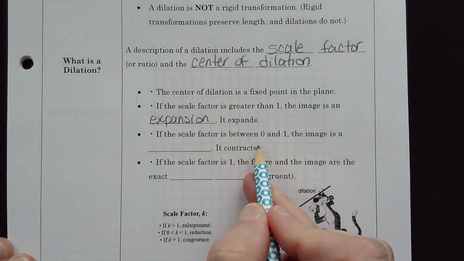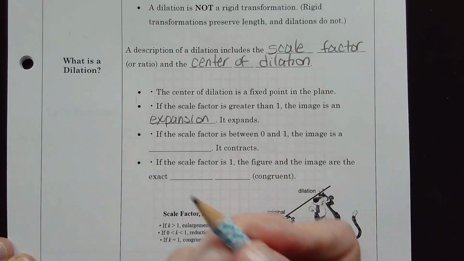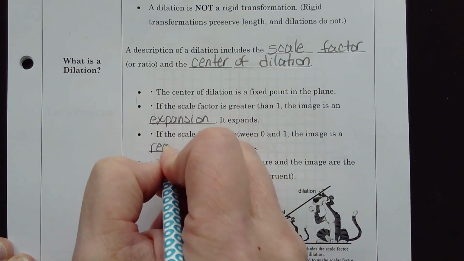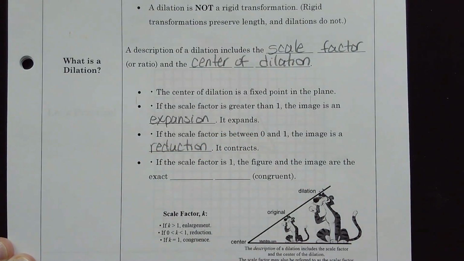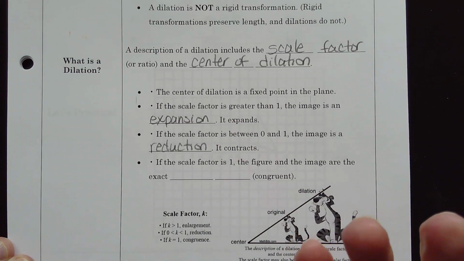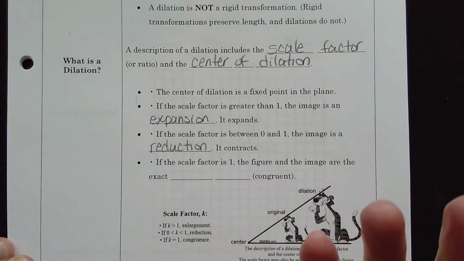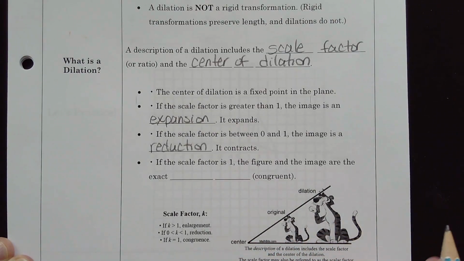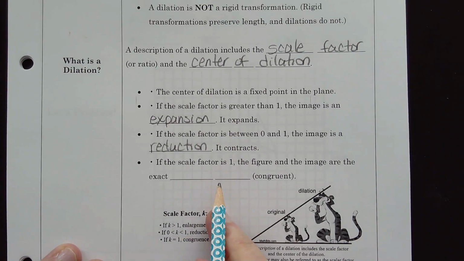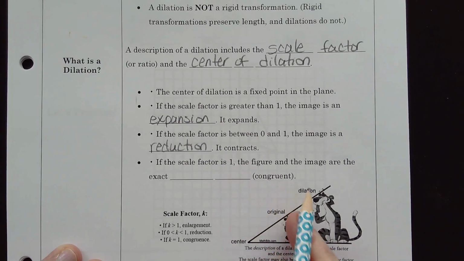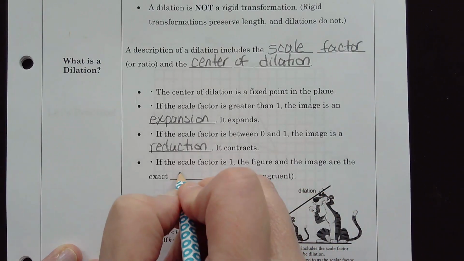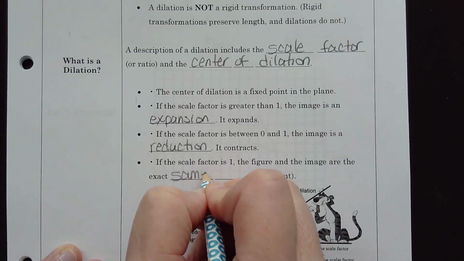And if the scale factor is between 0 and 1, the image is a reduction, which means the image gets smaller. Which again makes sense because when you multiply a number by something between 0 and 1, like a fraction, you're going to get a smaller number. And if the scale factor is 1, then the figure and the image are the exact same size, meaning they are congruent.